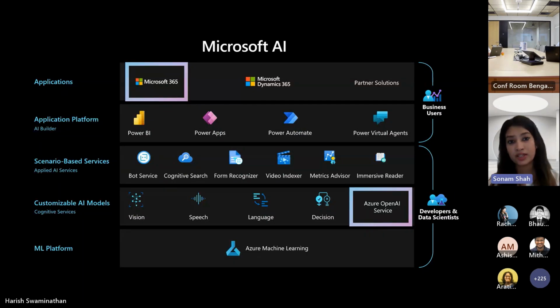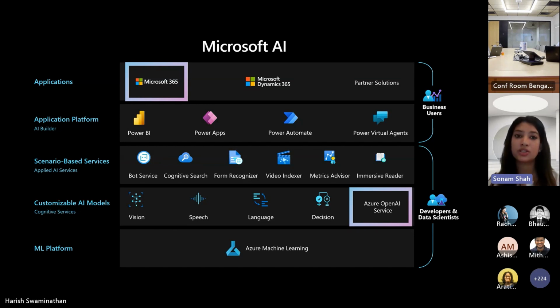And the cognitive services that you see at the bottom are built with Azure Machine Learning, and they offer your developers the most comprehensive set of domain-specific pre-trained models. So we have nearly 30 pre-trained models across vision, speech, language, and decision making, which are all based on breakthrough research by Microsoft.